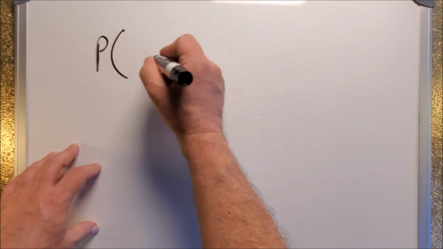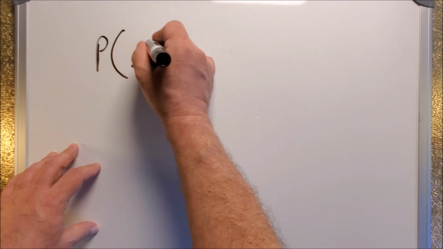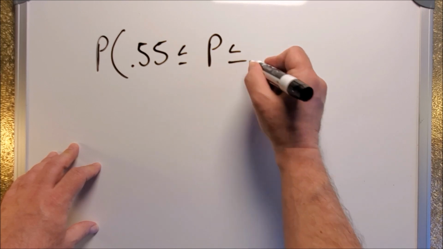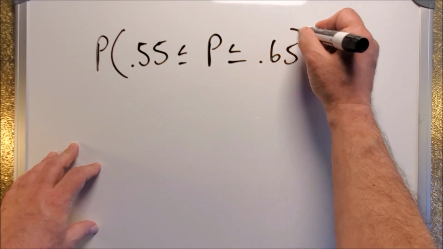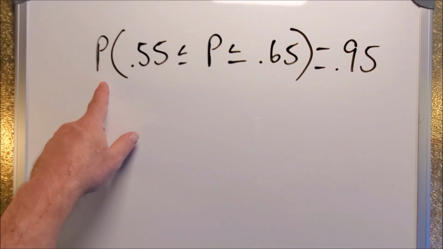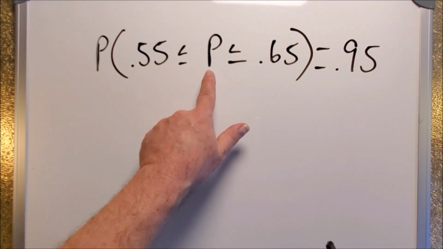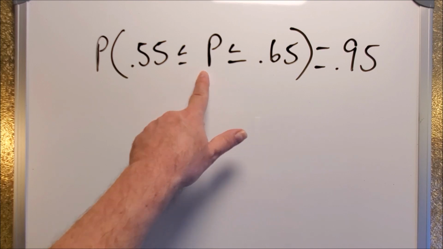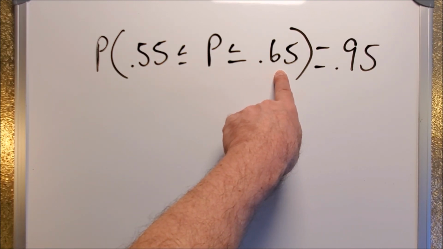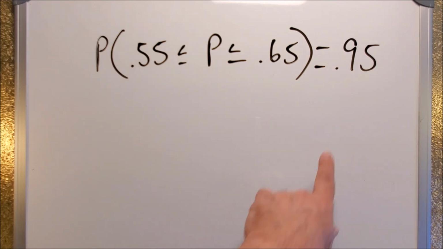I'm going to write this. What does that say? That's a confidence interval. I'm writing the probability that the true population proportion is between 0.55 and 0.65 is 95%. I wrote 0.95, but we can think of that as 95%.